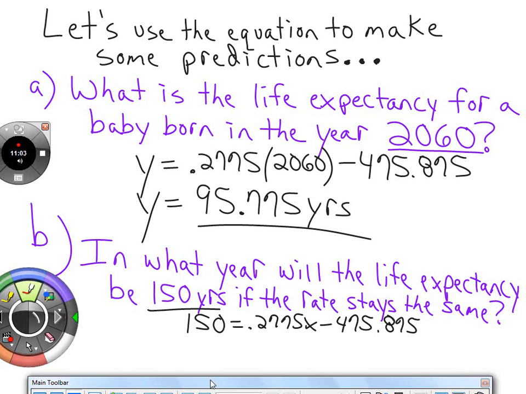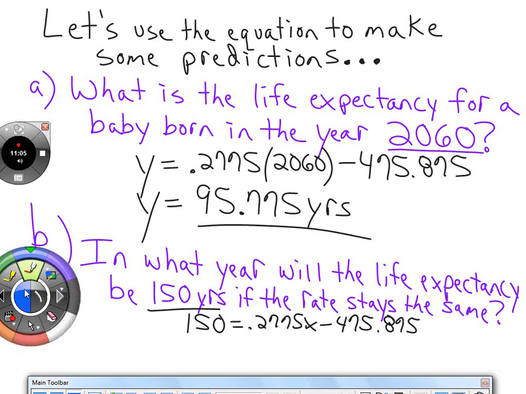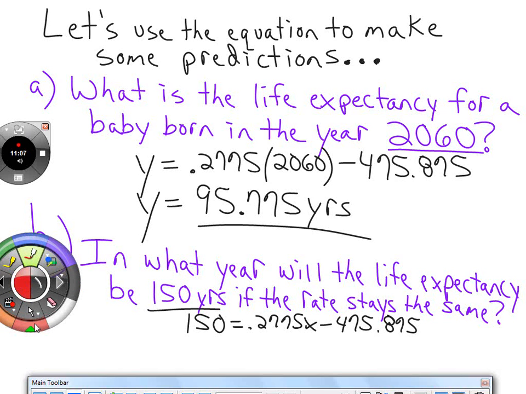So we would solve for x, and that would be by isolating it. So we need to add that 475.875 to each side. I'm sure I'm going to run out of room here.